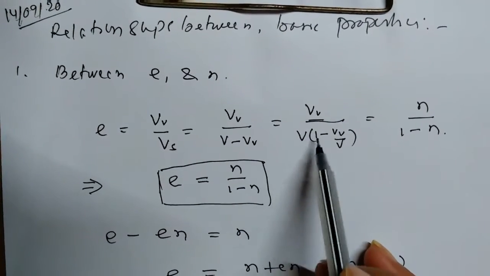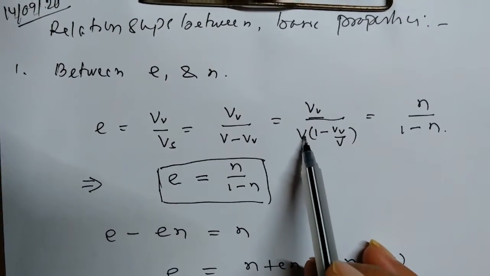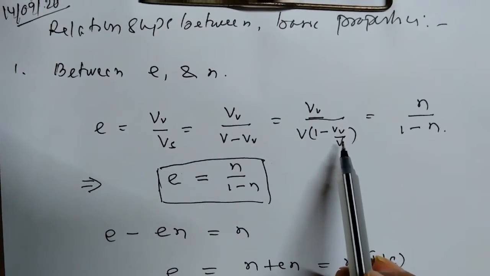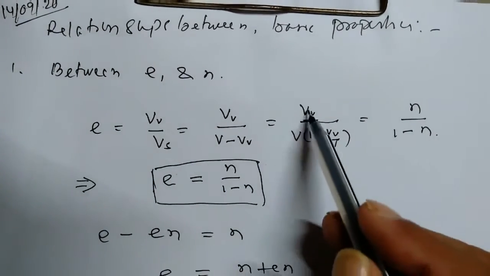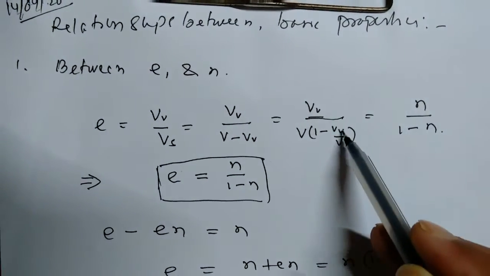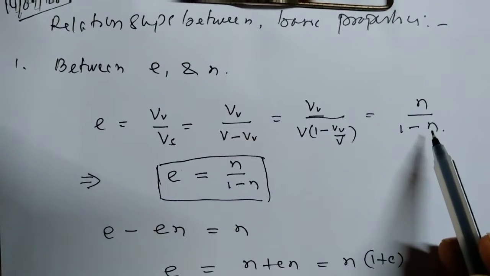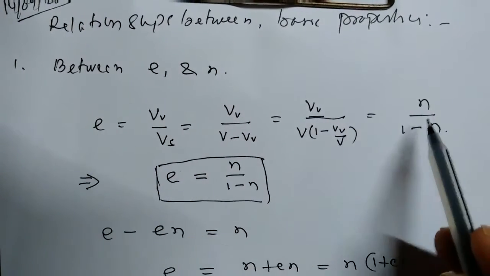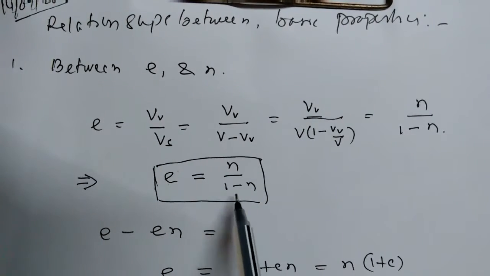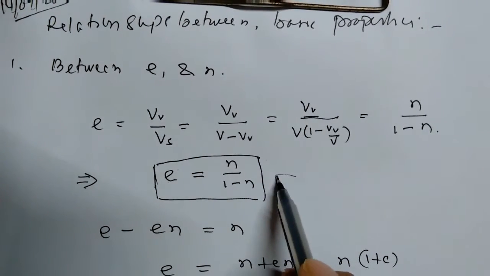Then from below this, we can take V as common, 1 minus Vv by V. Then Vv by V will be porosity. So it became e is equal to n by 1 minus n. This is one relationship.